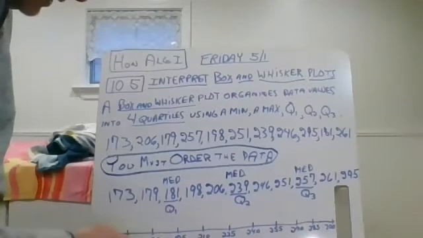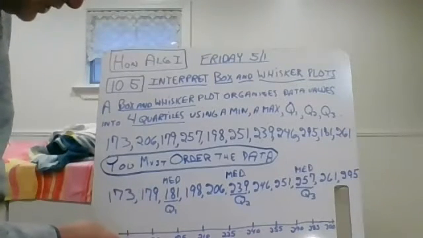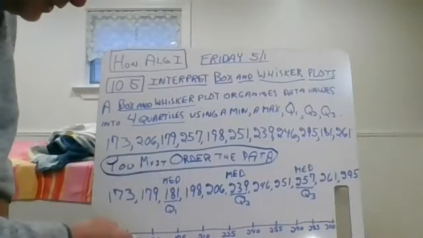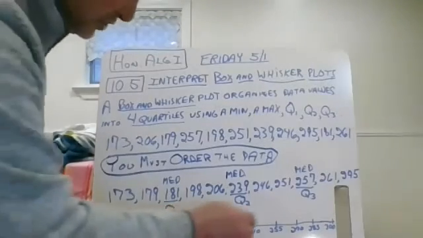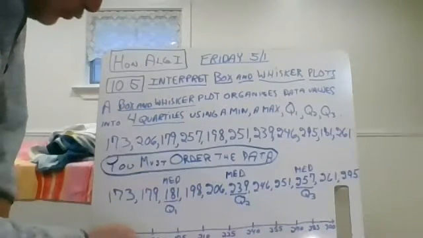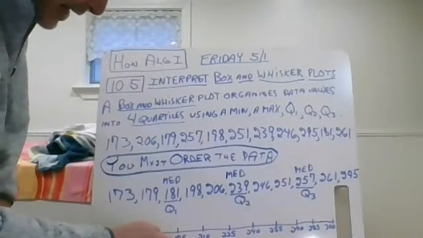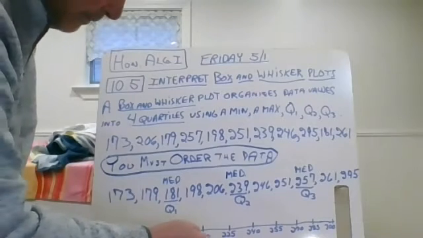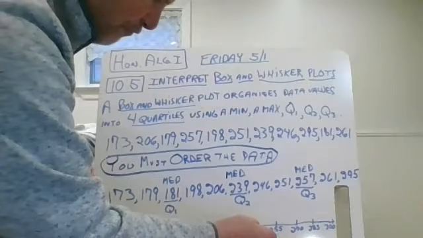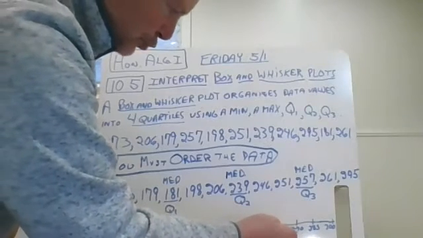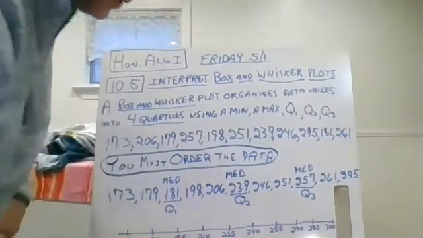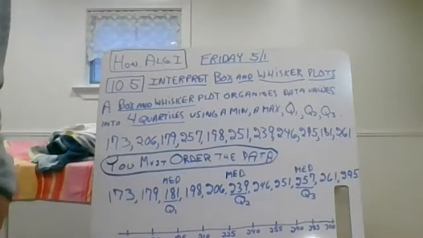Now what I did is I started at 165 and I went up by 15. So I drew this number line and I put 165, then 180, 195, 210, 225, 240, 255, 270, 285, and 300, every 15.